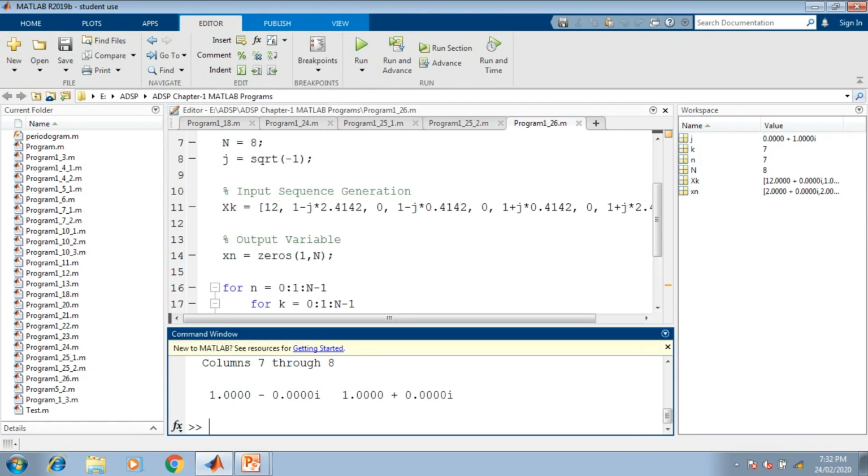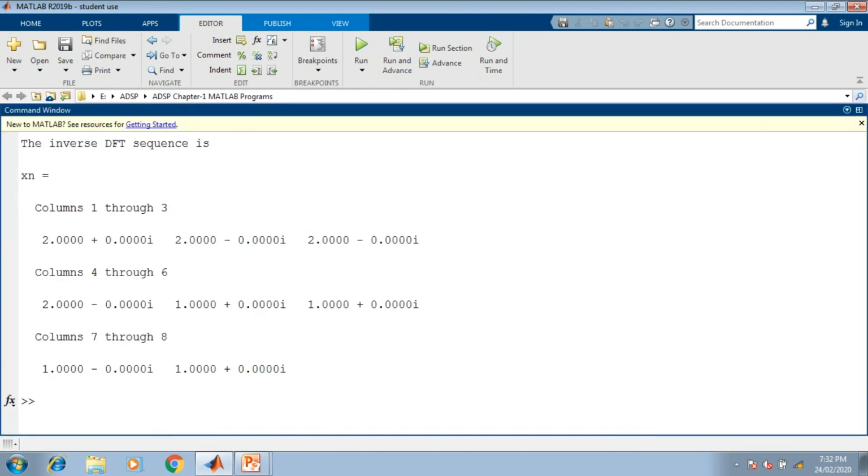After running this program, the command window displays the coefficients. The inverse DFT sequence is xn equal to, and here we have the values 2.0000 plus 0.0000i, so it is simply 2. In a similar fashion, we have 2.0000 minus 0.0000 times i, so it is also 2.